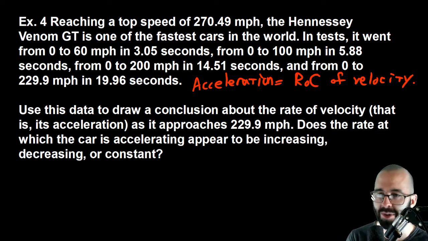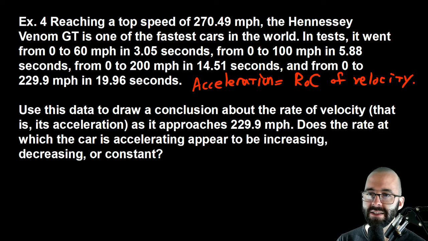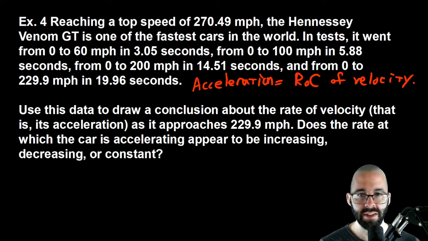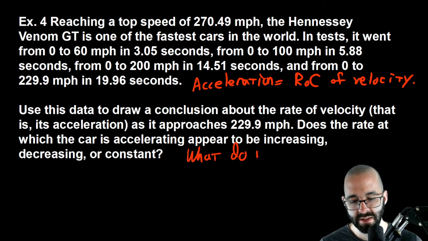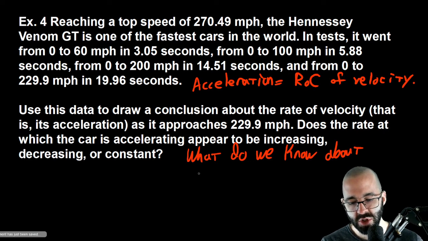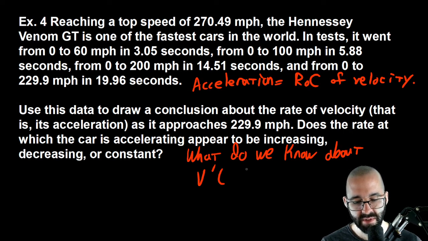So let's actually get to the problem. Use this data to draw a conclusion about the rate of velocity. Again, rate of change of velocity is acceleration, as the car is approaching 229 miles an hour. So what do we know about the rate of change of the velocity at this time?